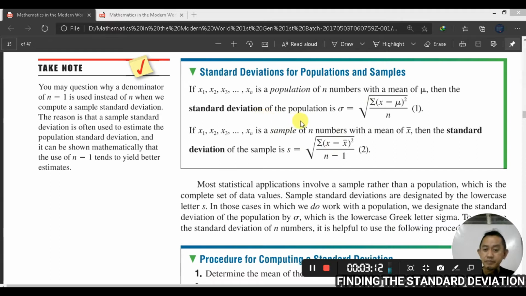So again, unsa day population? Ang population, like for example, there are 683 students in Blancia College. That is the whole total population of the school.